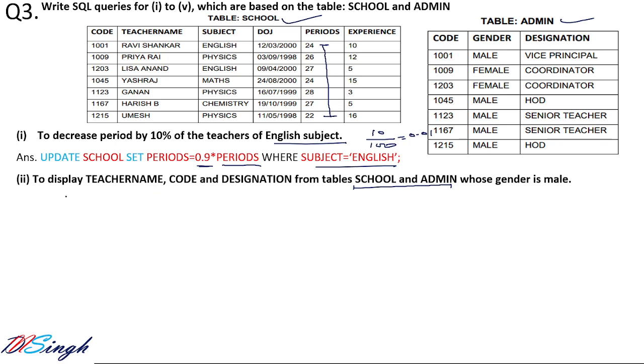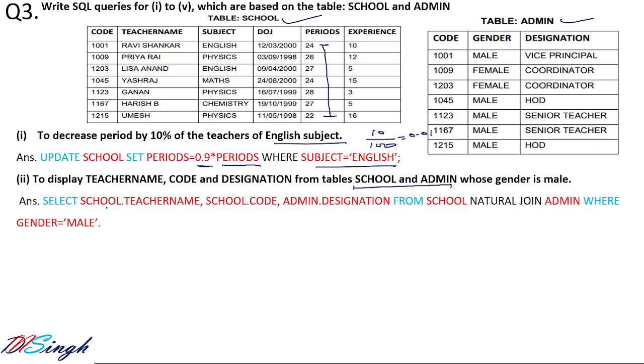So display: select school.teacher name, school.code, admin.designation from school natural join admin where gender equal to male. Now they have used natural join here, because both the tables have a column with the same name.